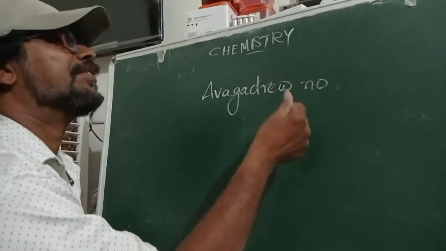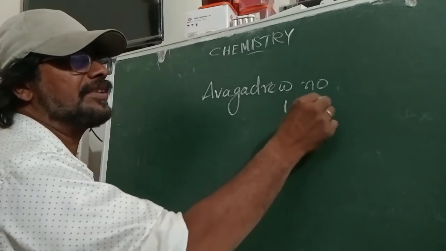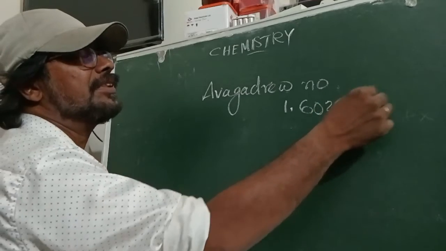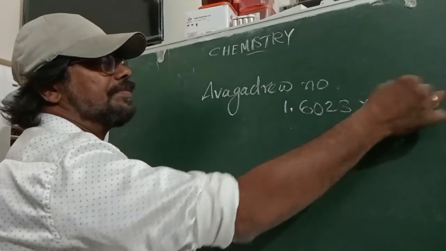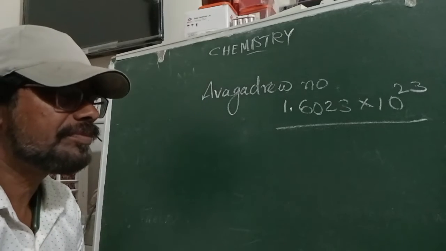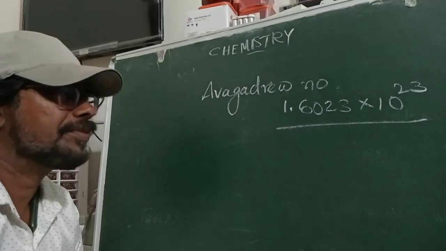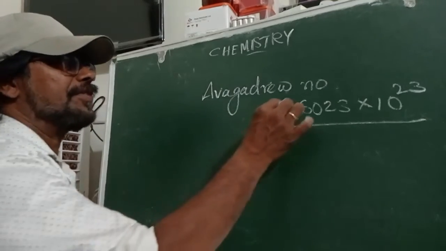Then it is equal to 6.023 into 10 power 23. This is Avogadro number.